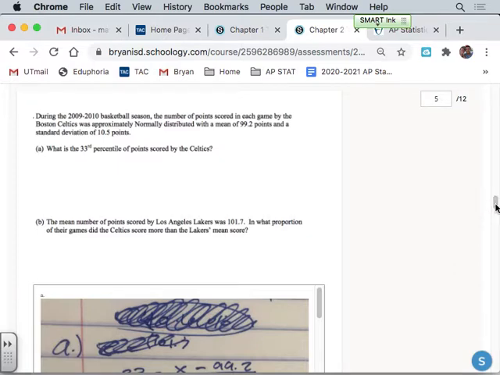Oh, okay. I do want to talk about this one, which seemed to be confusing for some, this B here. In this problem, the Boston Celtics had a normal distribution with a mean of 99 and a standard deviation of 10.